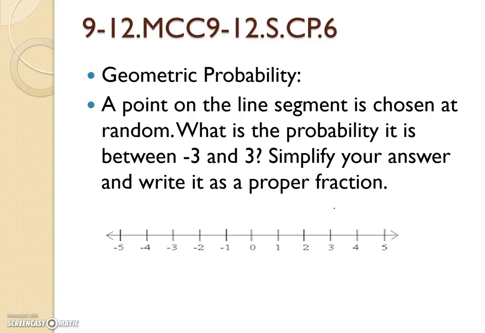So it is seven numbers between -3 and 3 out of 11 total numbers, which is equal to 0.64, but 7 out of 11 is the probability in the proper fraction form.